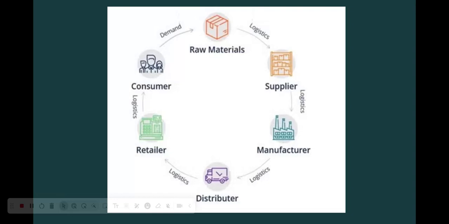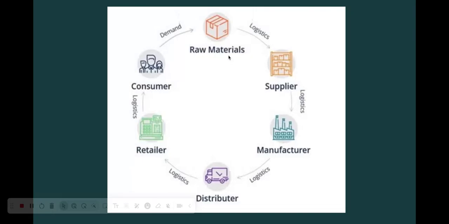Lastly, I just wanted to go over the supply chain for these businesses. This is obviously a very rough picture of a supply chain. It looks a little different for global and domestic businesses, but this is just a rough sketch.